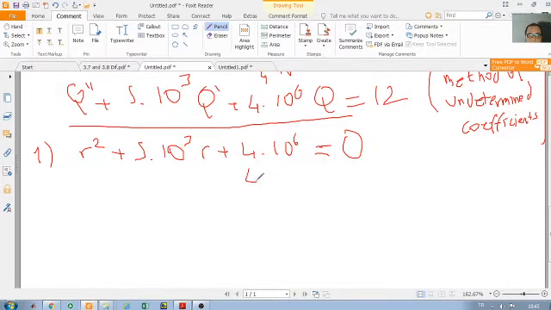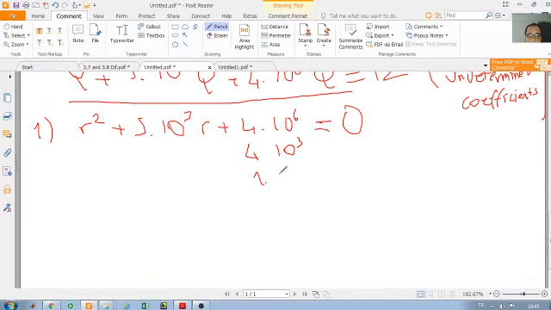Let's write 4 times 10 to the power 3, 1 times 10 to the power 3. So from here we obtain (r plus 10 to the power 3)(r plus 4 times 10 to the power 3) is equal to 0.